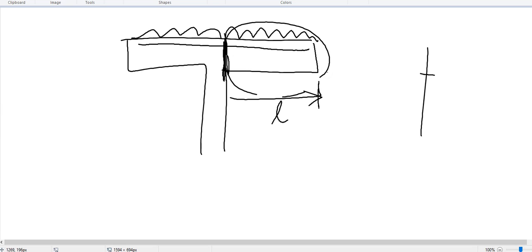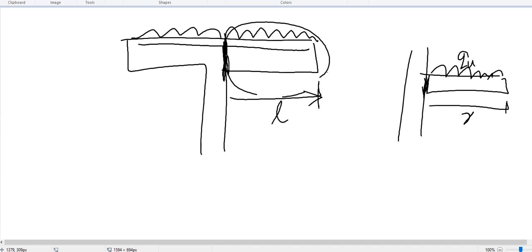So actually we are assuming a cantilever beam, and we are designing this, and the other portion is the same. So how to find the moment here? Say if this load is q and it is a uniformly distributed load, then q times this distance, say it is x, q times x is my load.